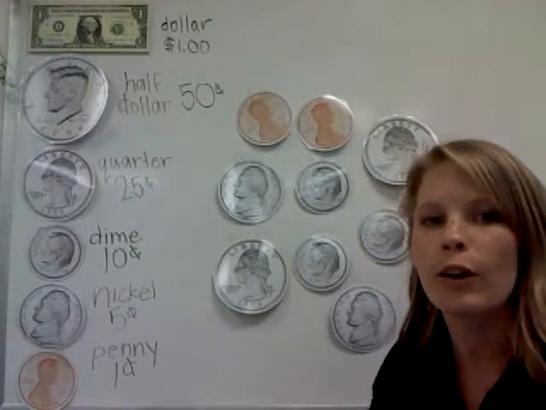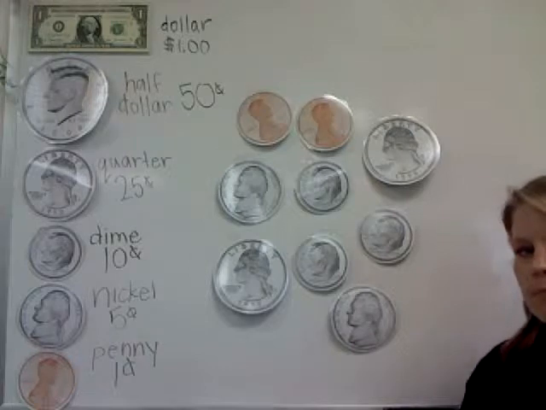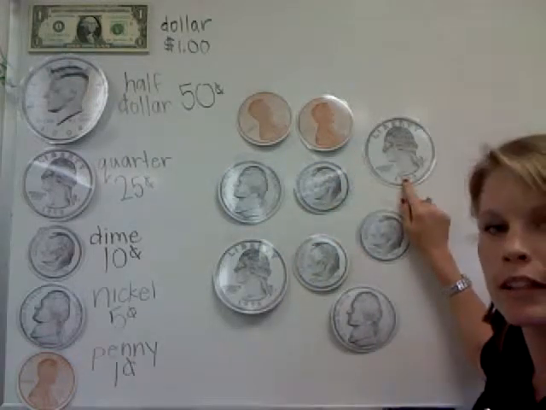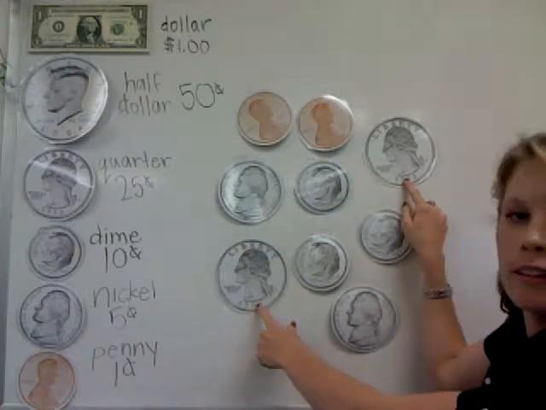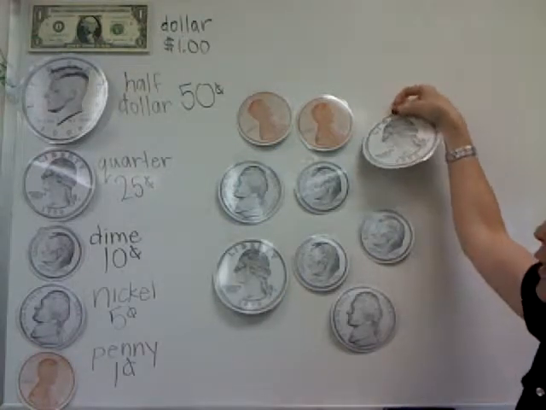Go ahead and point to which one you think would be first. Did you point to this quarter? Or maybe this quarter? You're right. They are first. So I'm going to do a little rearranging and get our quarters first.